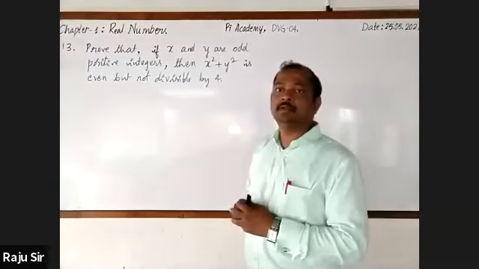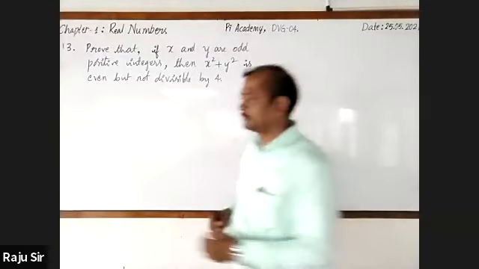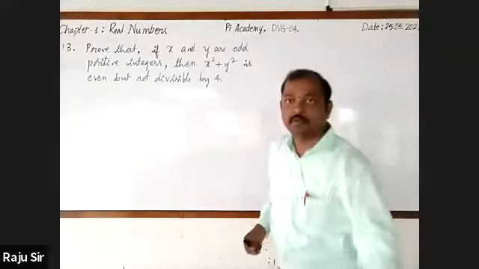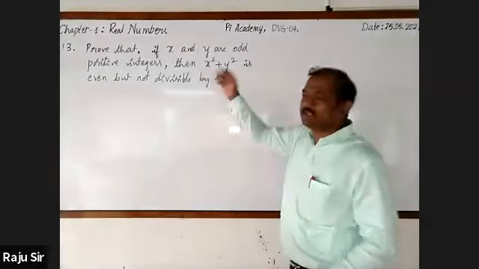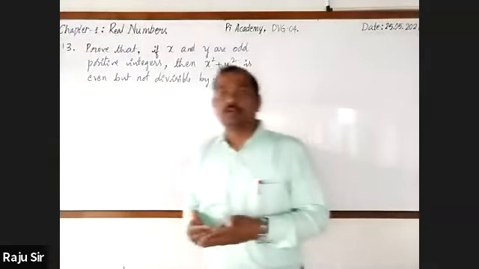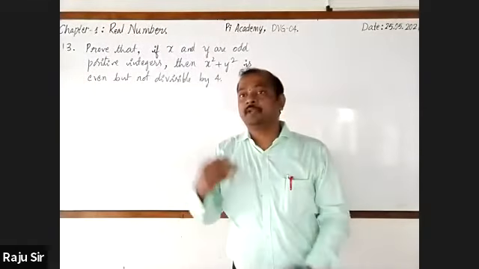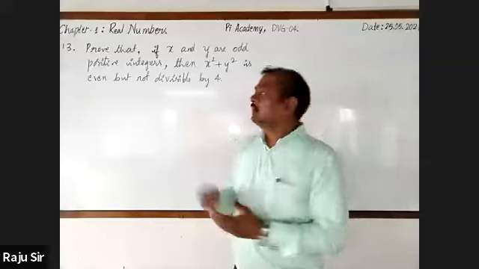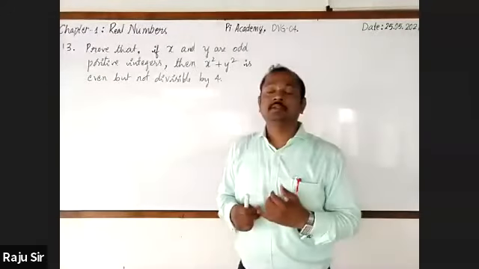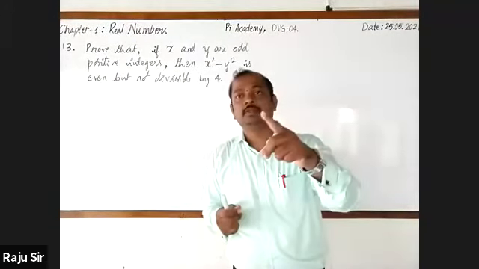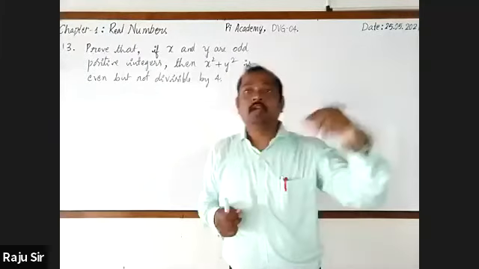Hope you have copied. Okay, now observe. It's a very general thing. You have come across different patterns of numbers in your previous classes. There you learned a statement like this, but you had not proved it.